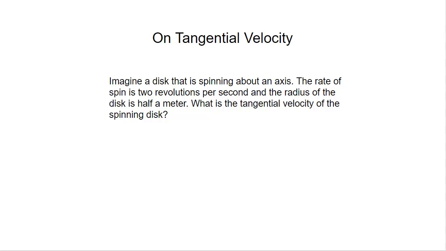So we start out the same with the question, and then I draw a circle to represent the disk, and I write down the formula that I believe is the equation for solving the tangential velocity of this spinning disk.